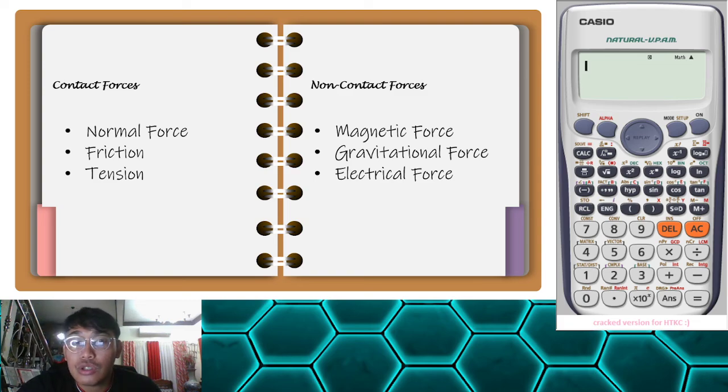The gravitational force is easy because gravity is doing it right now. Even though we don't have any contact with the sun, or even the earth, still... Sir, why don't you have any contact with the earth? Because I'm on the second floor of my house.